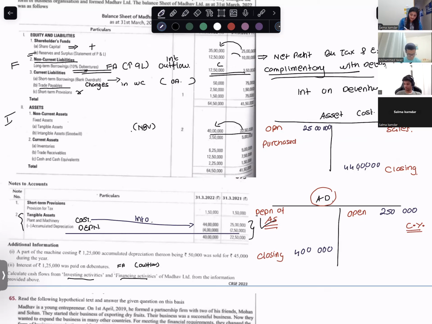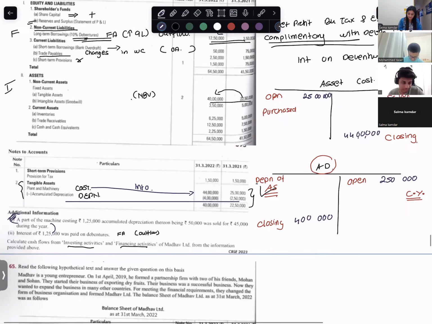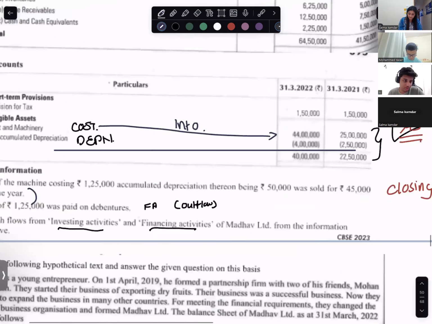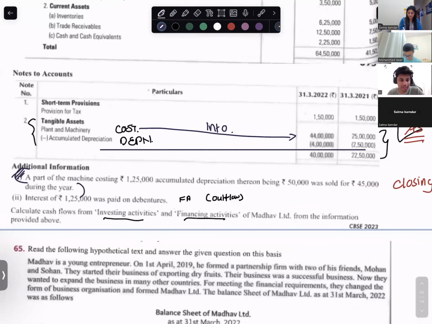Anas, read this information and tell me how will I treat this information. Part of machine costing 1,25,000, accumulated depreciation thereon being 50,000, was sold for 45,000 during the year.